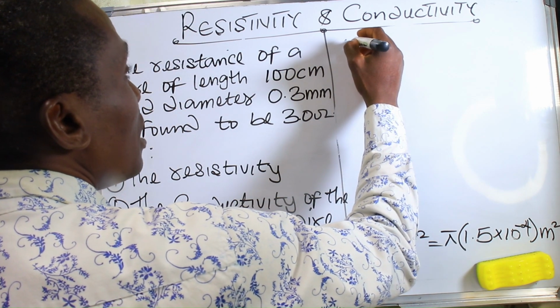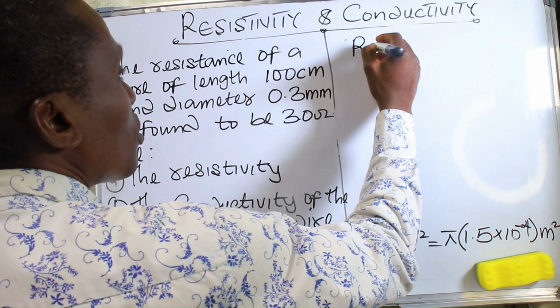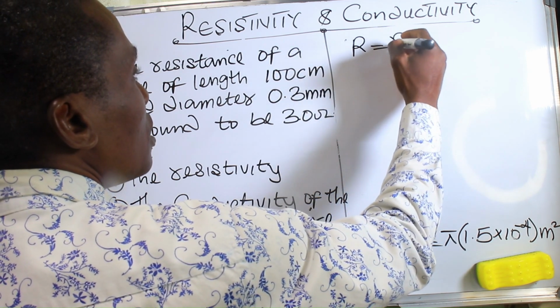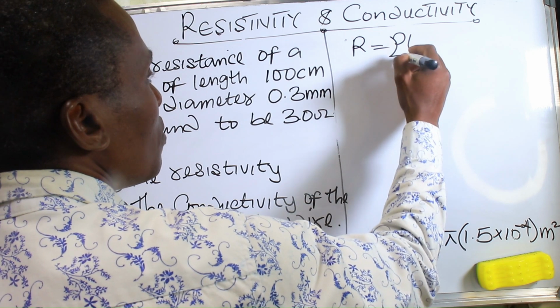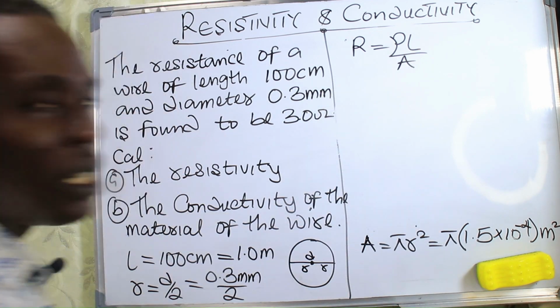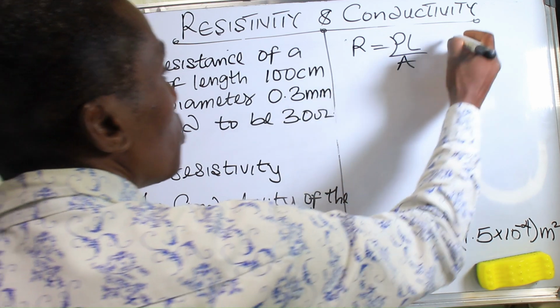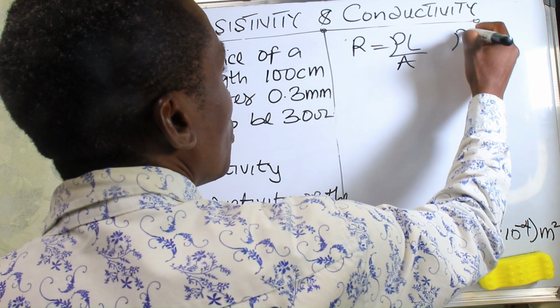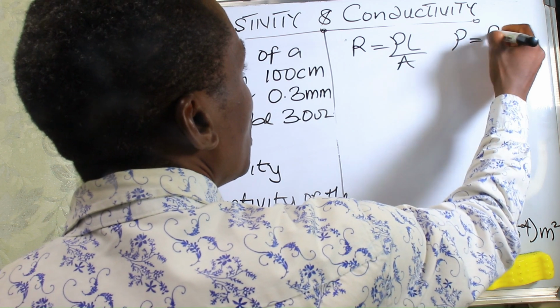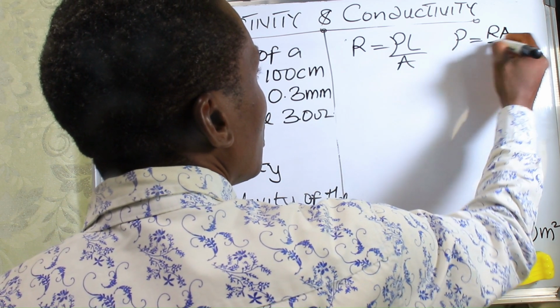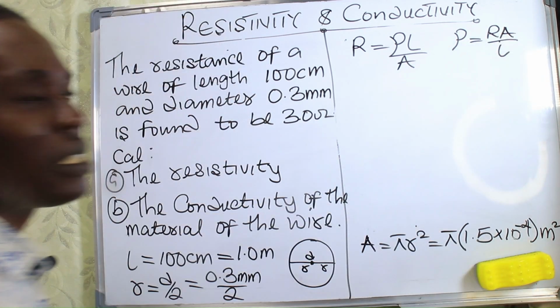Remember that the resistance of any conductor is equal to the resistivity times L divided by the area. So that means the resistivity will be equal to the resistance times the area divided by the length.